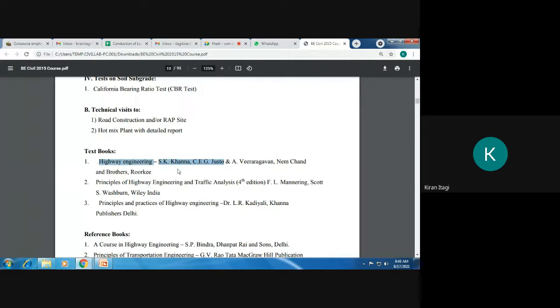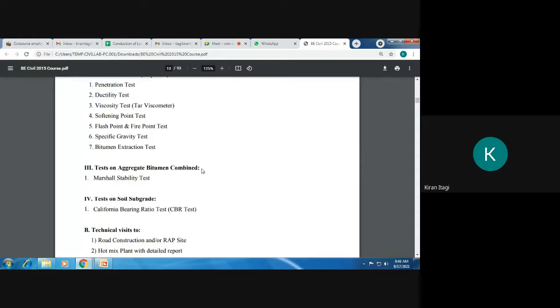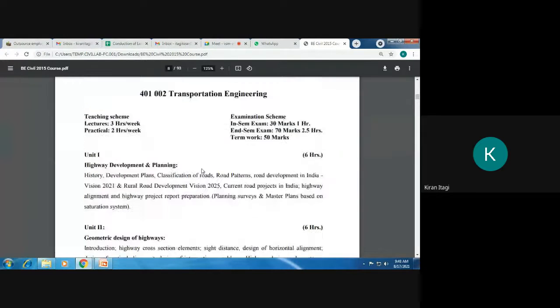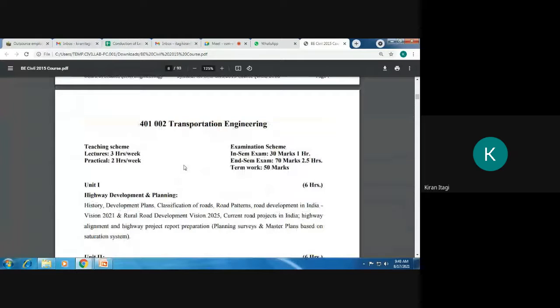I also have the textbook soft copy, and I will post it in the group. This was all about the syllabus of transportation engineering for 150 marks: 30, 70 plus 50, 150 marks.